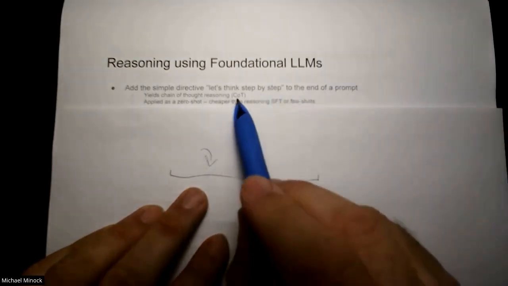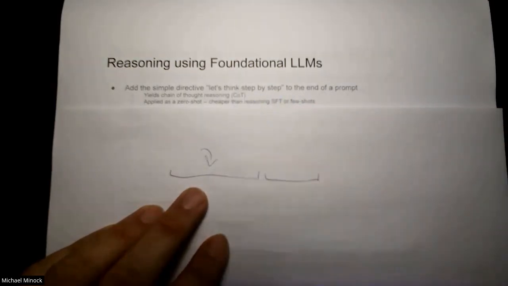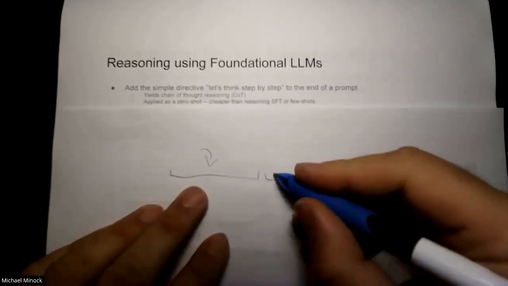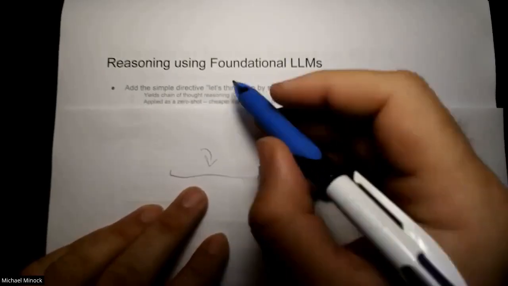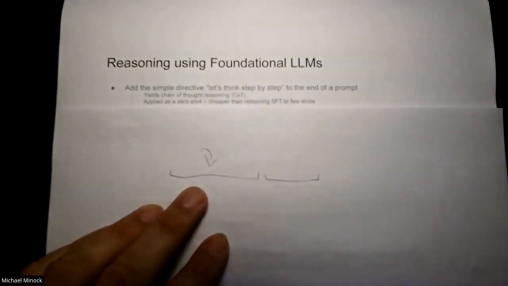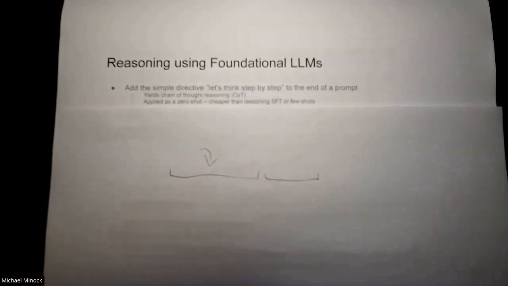If you do this, it will actually yield a longer completion. So if I say that Bill is 24, Sally is 6 years older than Bill, how old is Sally? Maybe that's not the best example because it's so simple, but in that example, it might just spit out the raw answer: 30 years old.